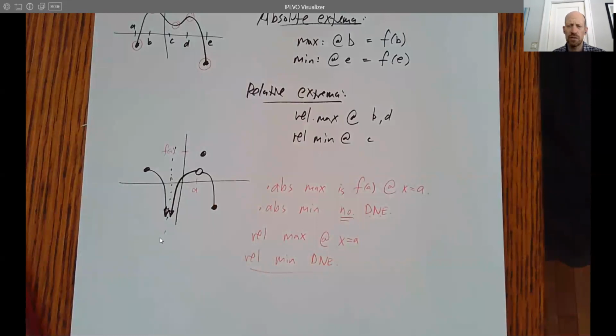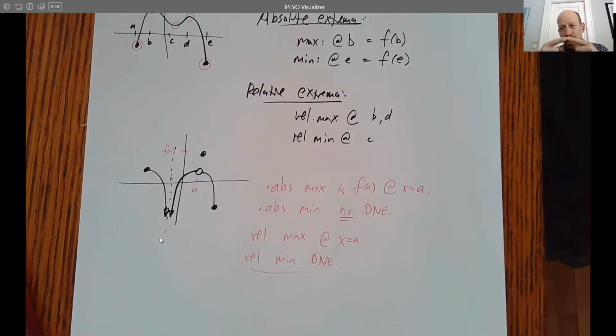It may seem like a simple idea, like max and min, but it is more subtle. There are situations where it's not always clear, or it doesn't look like what you think it might be. There are situations where we don't have relative minimums or absolute minimums or maximums. And we also want to remember that absolute extrema and relative extrema are different things.